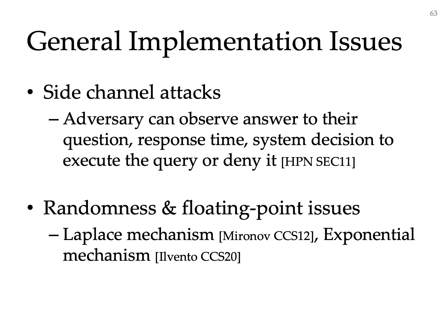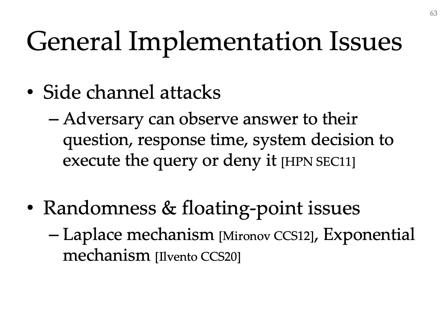Additionally, there might be some general implementation issues as well. For instance, the first problem is how to handle side channel attacks, which means that the adversaries may be able to observe answers to their questions, response time, and system decisions to execute the query, or deny it.